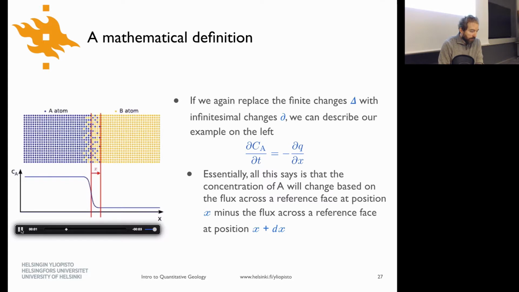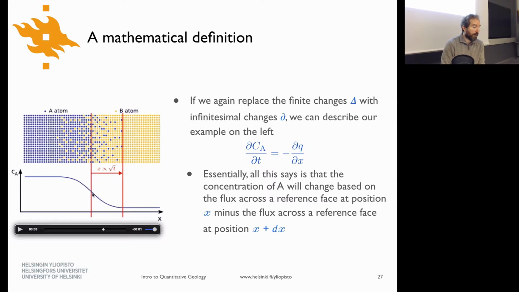If I was to pause this, for example, we could see, if we consider the concentration at any one of these points, that the concentration of atoms of A is higher here, and the flux is going to be in proportion to some gradient, so the transportation rate should be higher here than at some point over here.